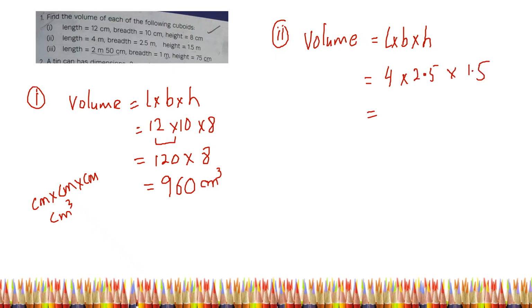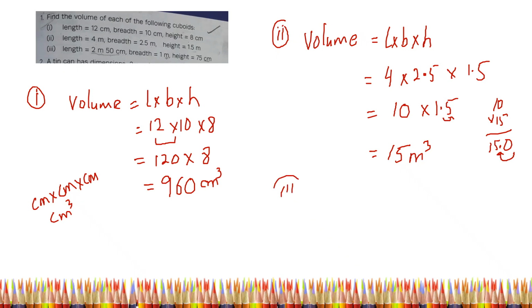Now 4 multiplied by 2.5 is 10, and 10 multiplied by 1.5 is, if you forget the decimal and multiply it, simply 10 multiplied by 15, you will get 150. And after the decimal we have one number, so we will put the decimal over here, so it will be 15.0. That means it is 15. You can ignore the zeros after the decimal point, so it is 15 meter cube. The volume for this cuboid is 15 meter cube.